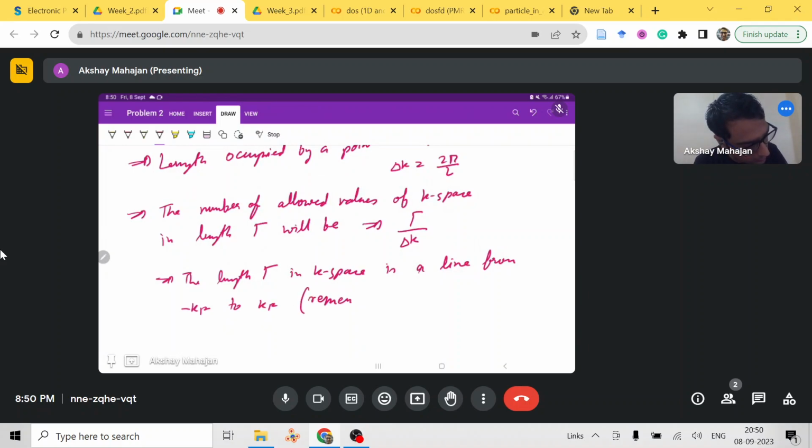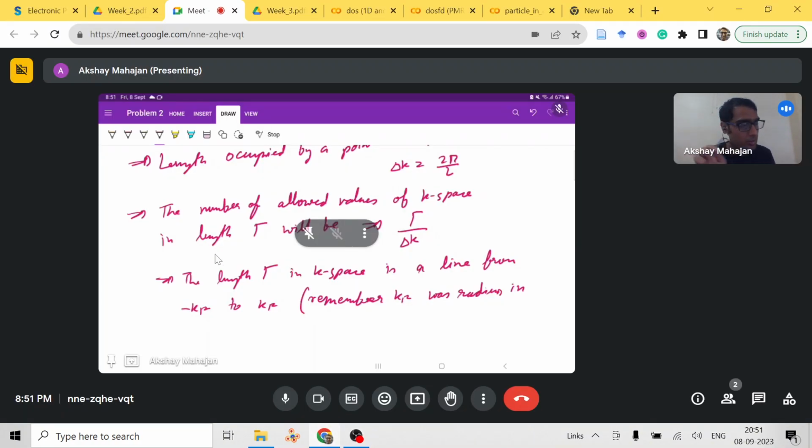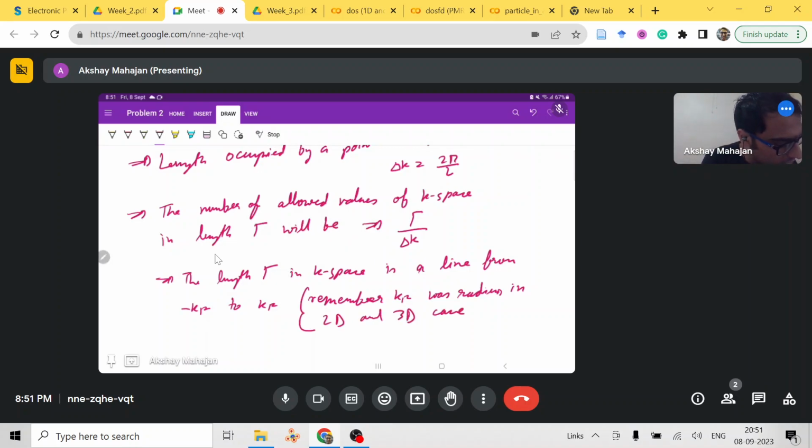Remember, kf was the radius in the 2D and 3D case. So the length will be the diameter now.